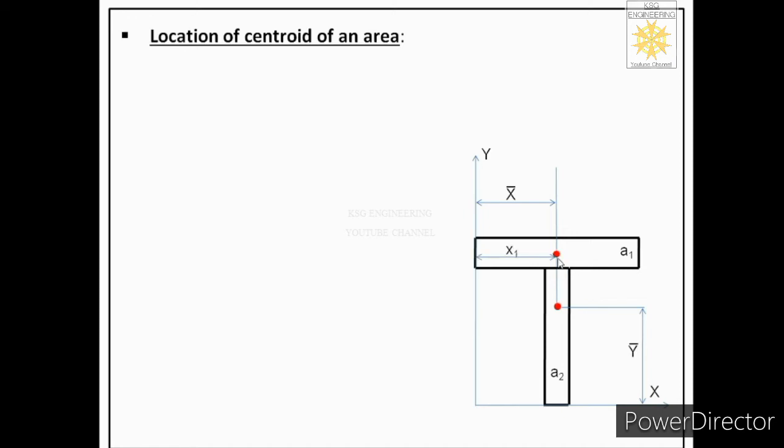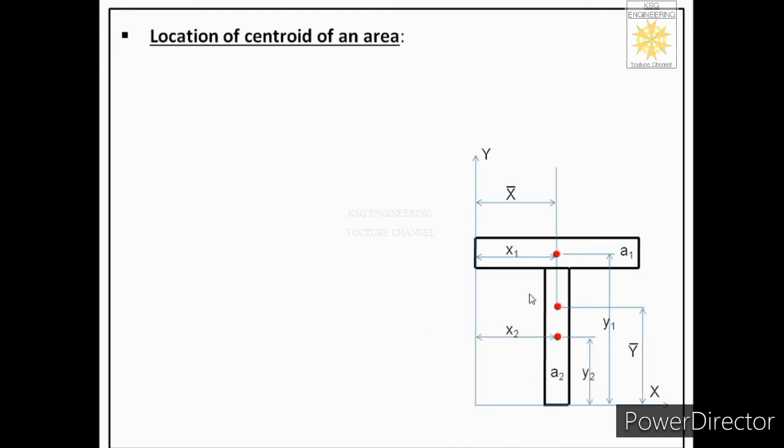So we have found the centroid of the first regular area, and we have located its coordinates from the given x-axis and y-axis. Let us say this is x1 and y1. x1 represents the distance of the centroid of area 1 from the y-axis, and y1 represents the distance of the centroid of area 1 from the x-axis. Similarly, let us locate the centroid of area 2 and let us say these are its coordinates.